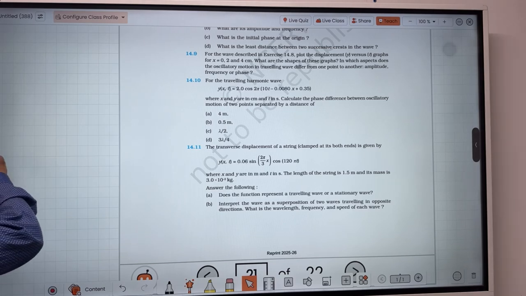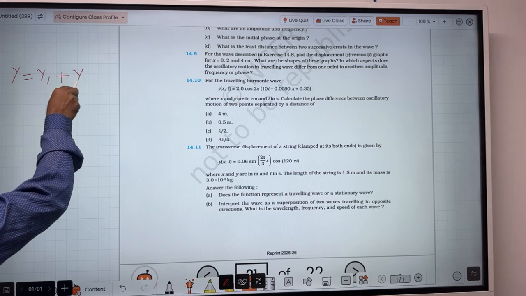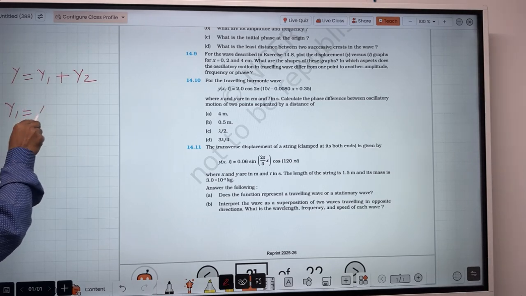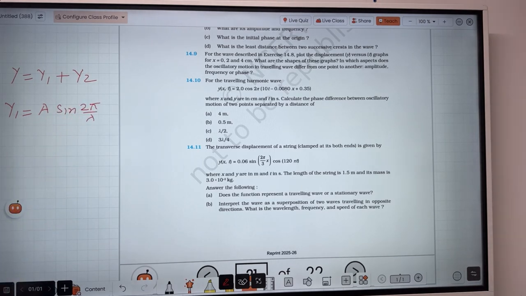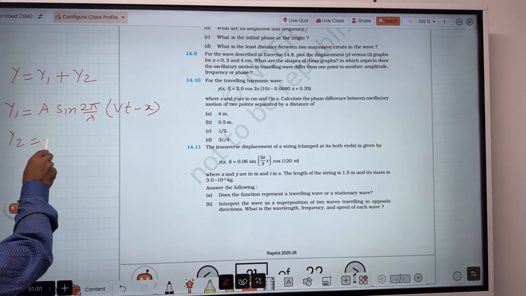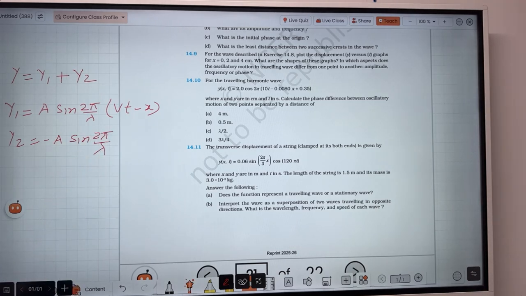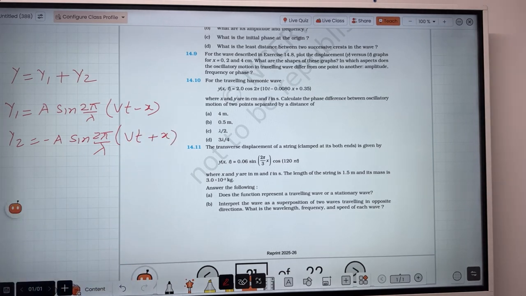So y equal to y1 plus y2. So two waves are combining here. So if we take one wave as y1 as a sine 2 pi by lambda and then vt minus x, and another say y2 equal to minus a sine 2 pi by lambda and vt plus x, right?